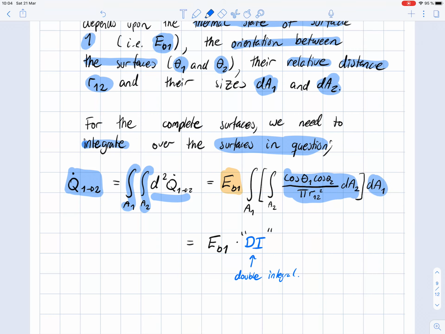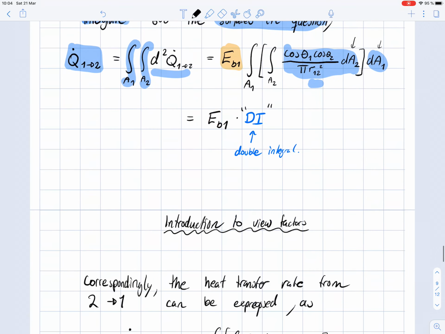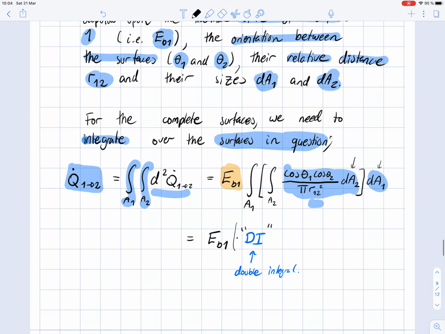So it's cosine theta 1, cosine theta 2 divided by pi and multiplied with r12 to the power 2. r12 is the relative distance between the plates. And we have then the differential of the area 2 and we have the differential over area 1. We call this double integral di.